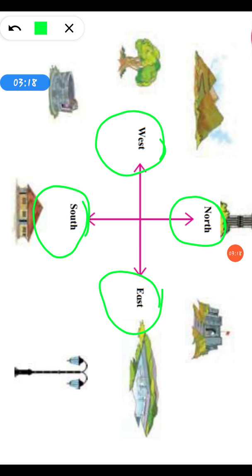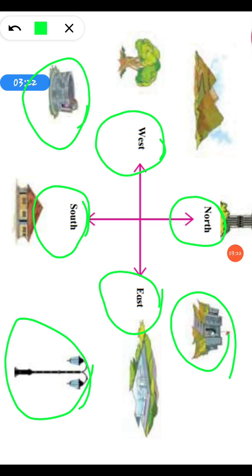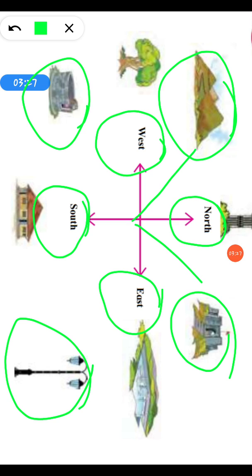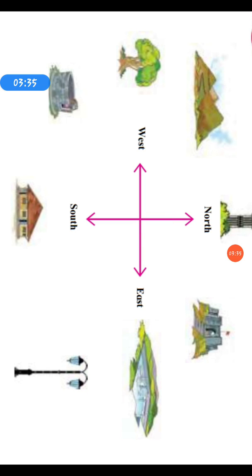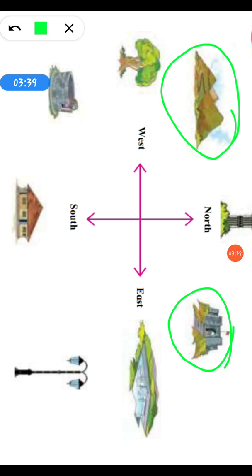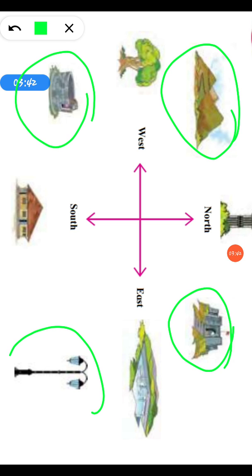But we don't know about the directions in this picture, because no directions are given. So how do we find in which directions this fort, mountain, well and street lamp are?